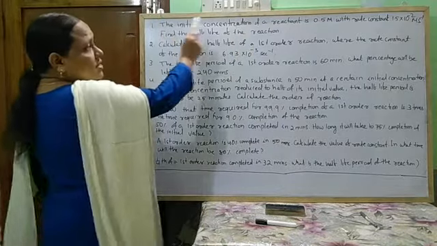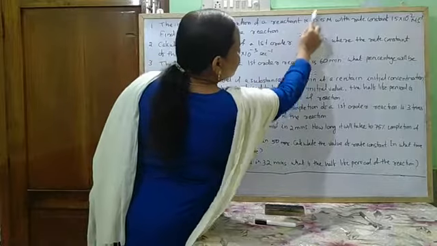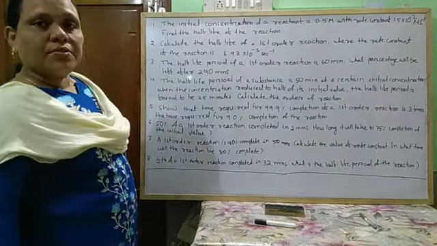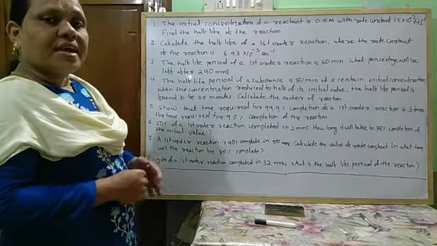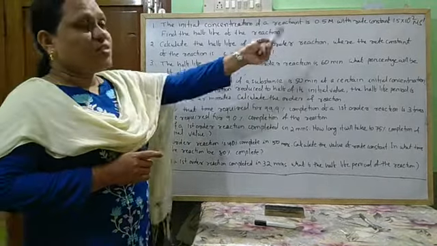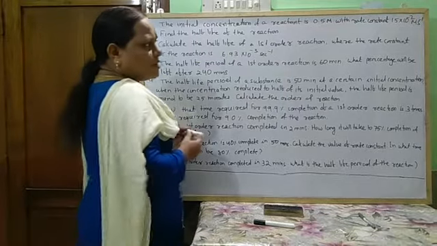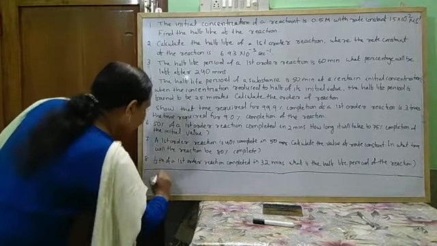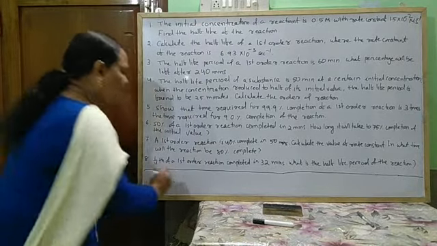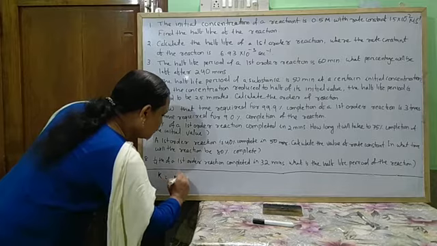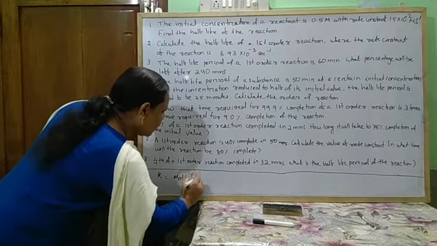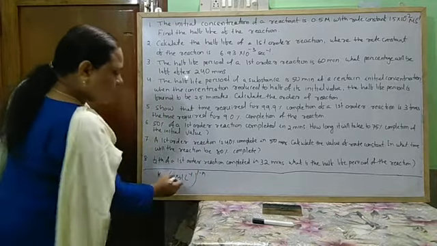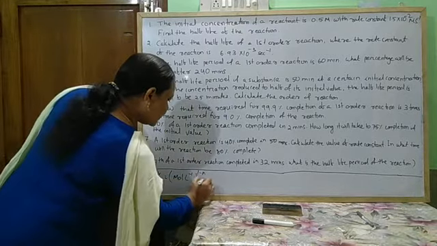As the question is given, the initial concentration of the reactant is this much and the rate constant value is given as 1.5 × 10^-2. From that it is concluded that it is a zero order reaction. From the unit of rate constant, you know the unit of K is (mole liter inverse) to the power 1 minus n, second inverse.